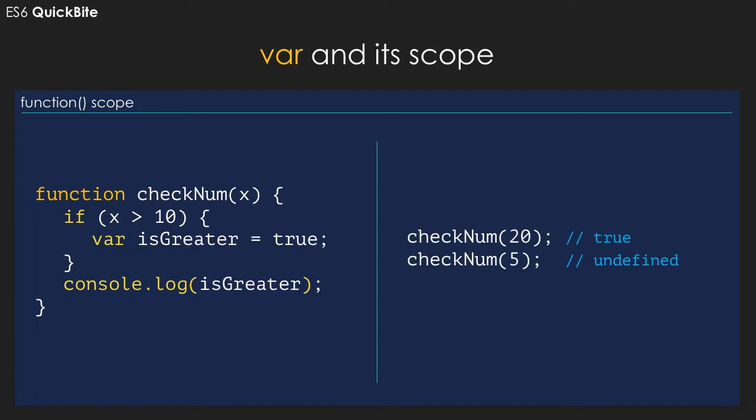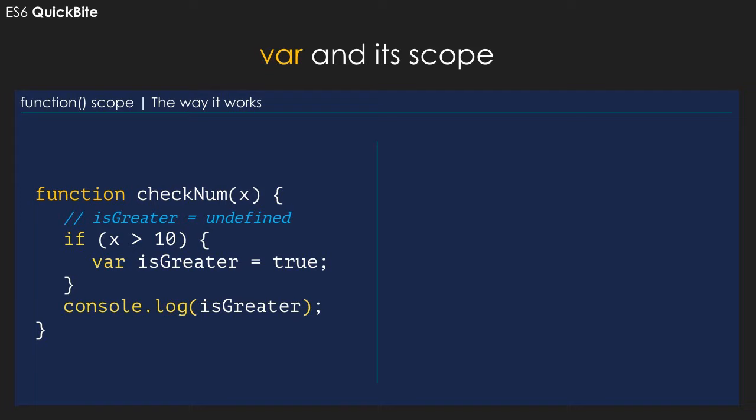When we run this function with the value 20, it prints out true because 20 is greater than 10, and this means that the if block will result in the isGreater variable being declared and set to true. But when we run this function with 5 as the input, it prints out undefined. So what is happening is that the moment this function is declared, a variable called isGreater is created and hoisted to the top of the function with a value of undefined.